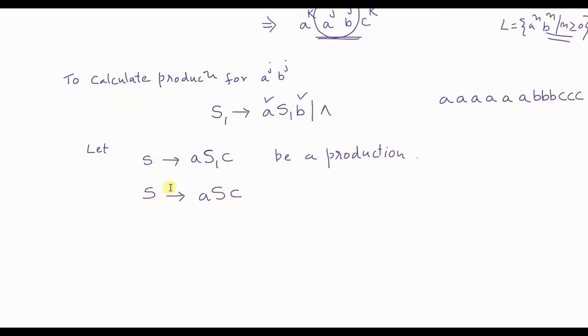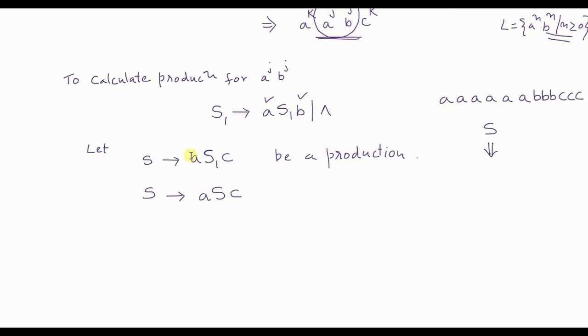Actually, these two productions can be written down as one production. Anyway, that will be a start production. So undoubtedly S has to be the start symbol. To get this string, I start from the start symbol S. Agreed?